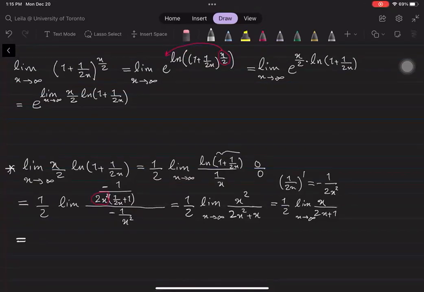Now for this one, you still get your infinity over infinity, so you can use L'Hopital's again.